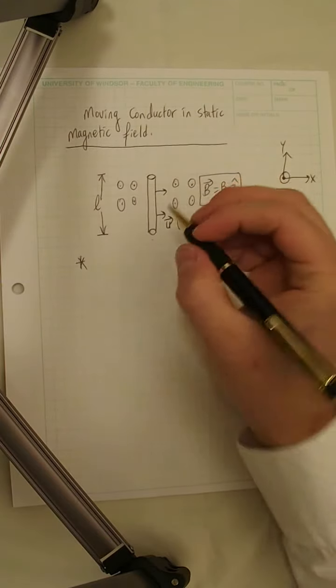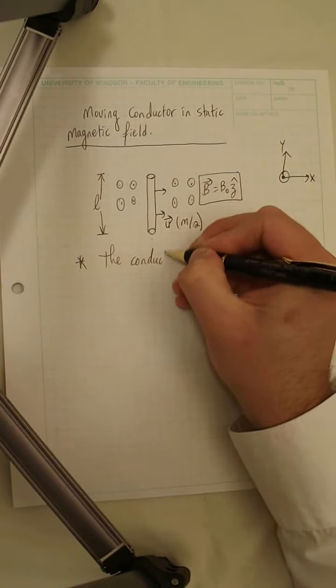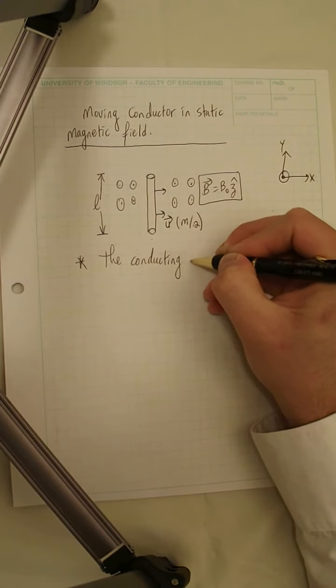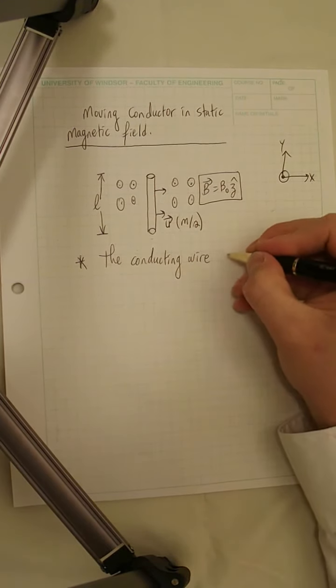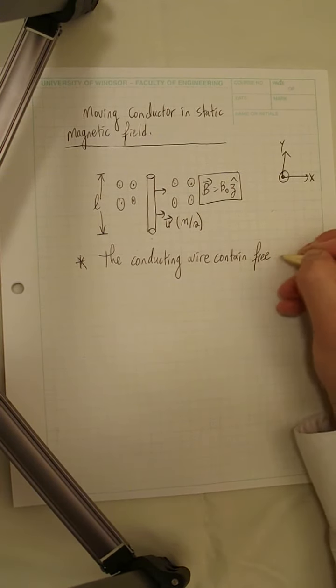Now the conducting wire obviously contains free electrons.